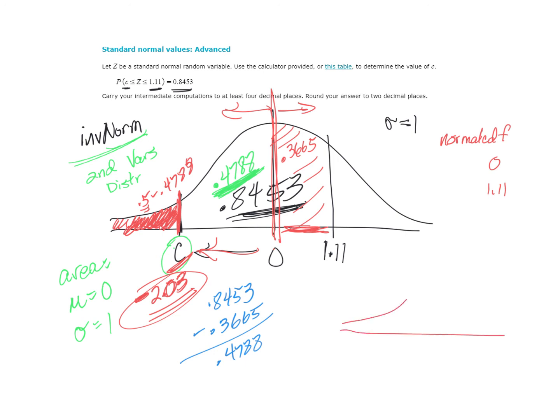You had a value of 1.1, a mean of 0, standard deviation of 1. I know now that between negative 2.03 standard deviations and 1.1 standard deviations, there's an area of 0.8453.